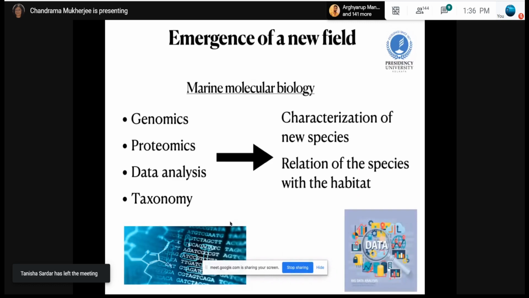So, if we club the different branches of molecular biology to understand marine biology, that generates a new field which we call marine molecular biology. With the help of these different tools and also the old traditional taxonomic methods, we can characterize new species, or we can determine the relation of the species with the habitat, which is very important to understand biodiversity.